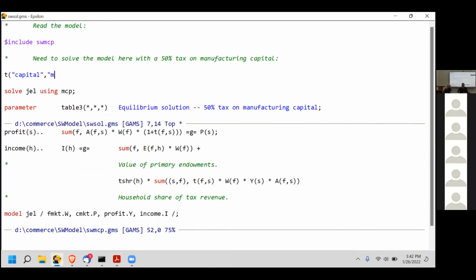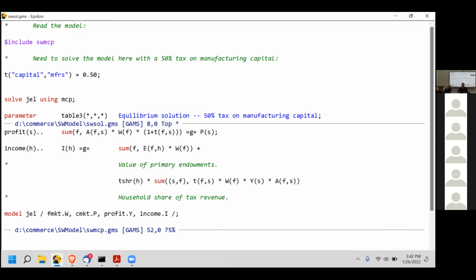Well, MFRS is equal to 0.50. Right. So I've given the solution there. I need to say something. I look at this. I have to say 2 share of H. I'm not sure. Let's initially just assume that it's shared 50-50. That's a detail that we have to figure out, how this works. So there's the solution of the model.